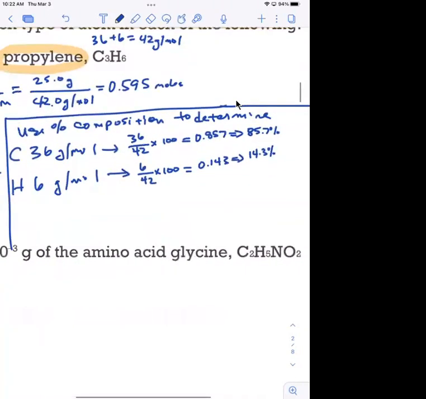What we did was we're using percent composition now using the molecular formula. So we got 36 grams per mole of carbon in that formula and 6 grams per mole of hydrogen. So we're finding out the percentages of each one of those atoms in that formula.